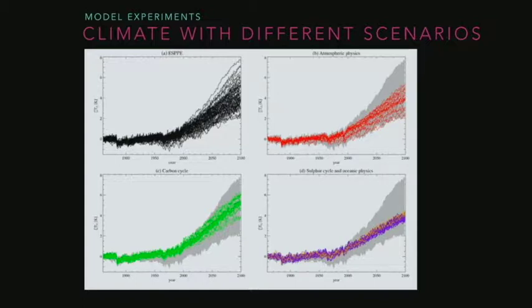So you change, in the red ones, the parameters of the clouds, so the albedo of the clouds and how quick the rainfall is. Condensation of the rainfall in the air, when it's snow, when it's rain, things like that.